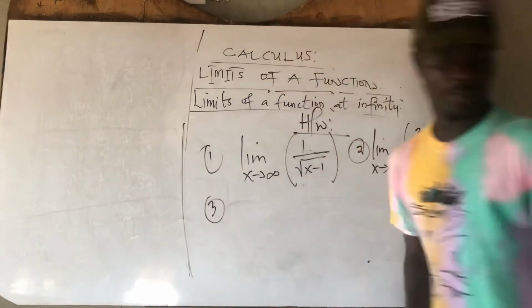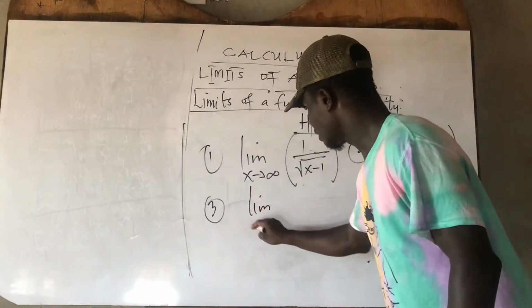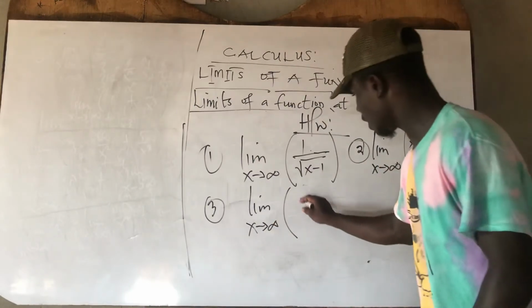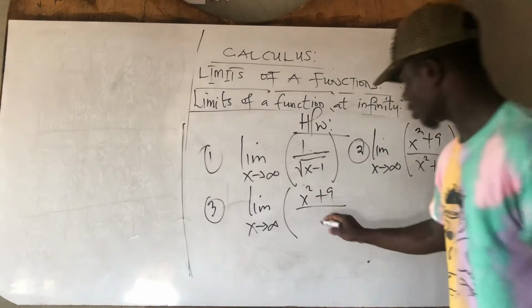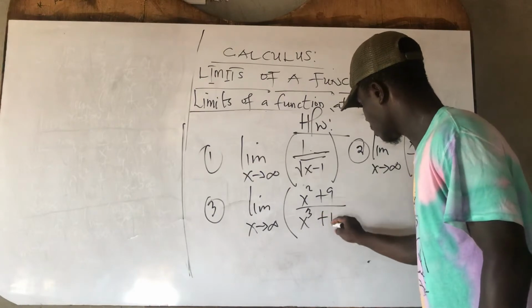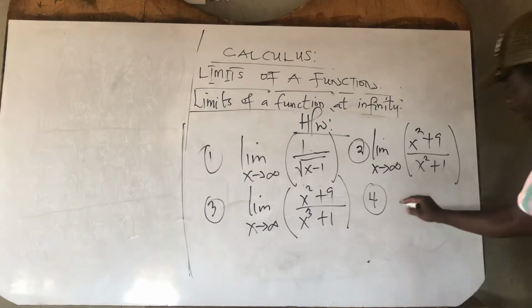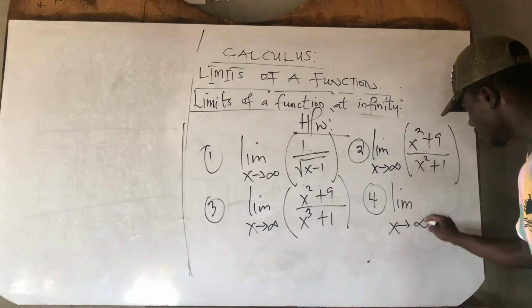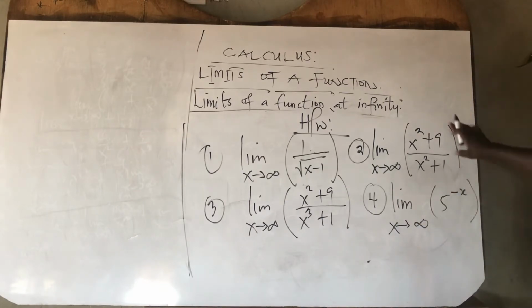Then 3, the limit as x approaches infinity of x squared plus 9 all over x cubed plus 1, and 4, find the limit as x approaches infinity of 5 to the power negative x.